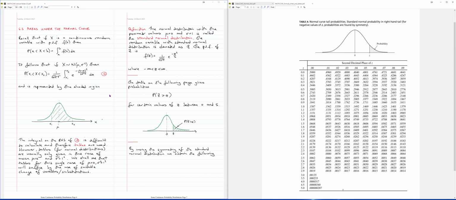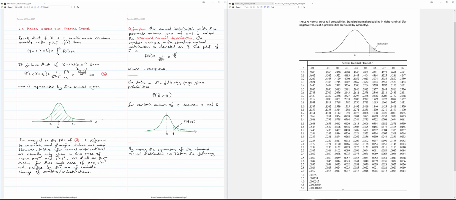If mu and sigma could be anything you wanted, then you would need a very large or infinite number of tables.